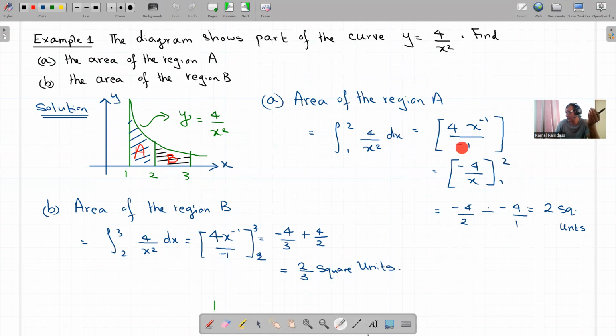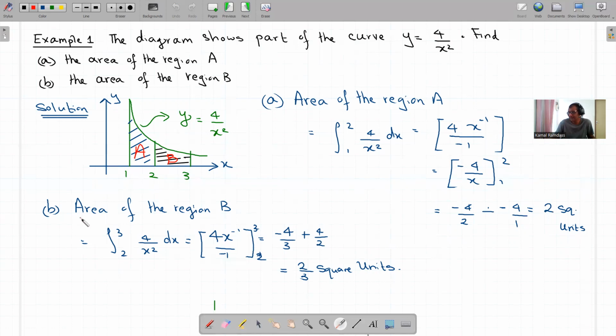Then we divide by the new power, we have minus 4 over x between 1 and 2: minus 4 over 2, minus minus 4 over 1. That becomes minus 2 plus 4, so we have 2 square units. If we ever get a negative value, it means somewhere we made an error and we will check it. It is positive all the time.